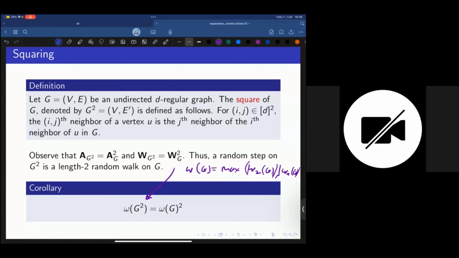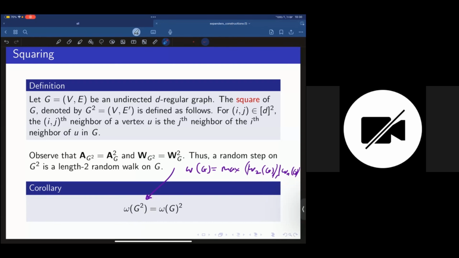So if you square, anyhow, what happens when you square an operator? All the eigenvalues square. So there is not even a reason to talk about absolute values anymore if you do that. But then we'll do something else also. And so in general, you don't know if that's the last operation. But in any case, omega of G squared is really omega of G, squared, because the square of these two are going to be the competitors for who is the omega of this thing.